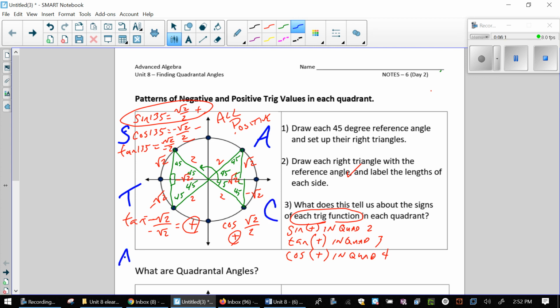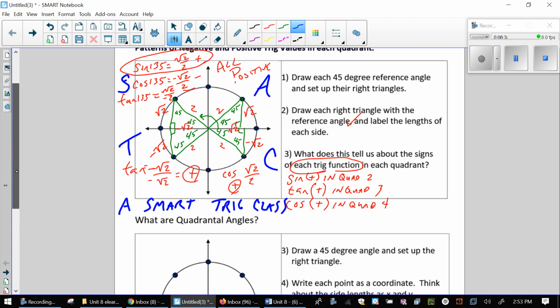A smart trig class stands for all positive, sine is positive, tangent is positive, cosine is positive. All right, so that's a little pattern that can help you guys.